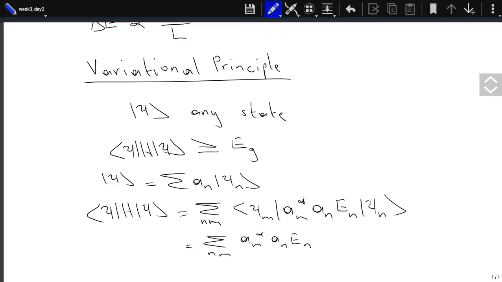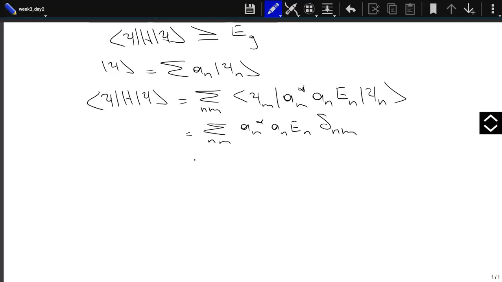The overlap of different energy eigenstates is 0 if they are different, and 1 if they are the same: Kronecker delta n, m. So this is equal to the sum of an squared En. Now, the En are always larger than or equal to the ground state energy.